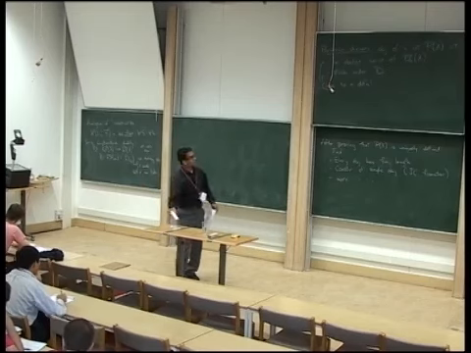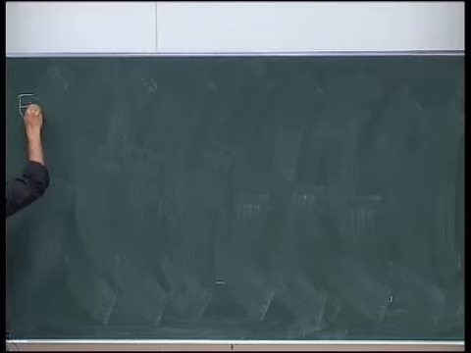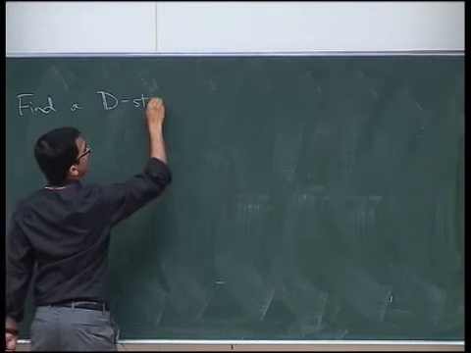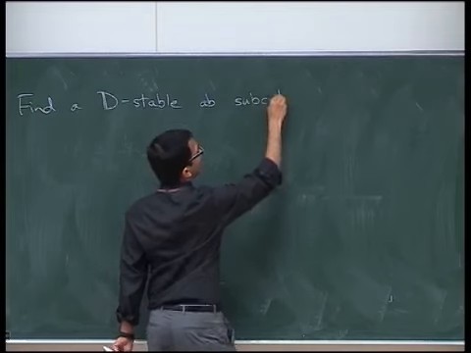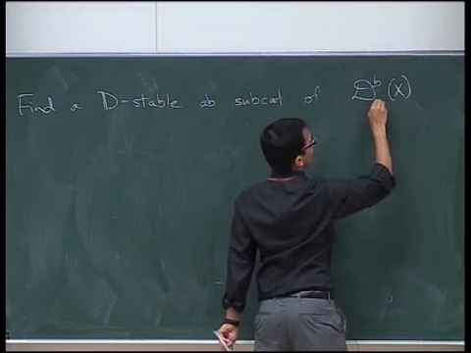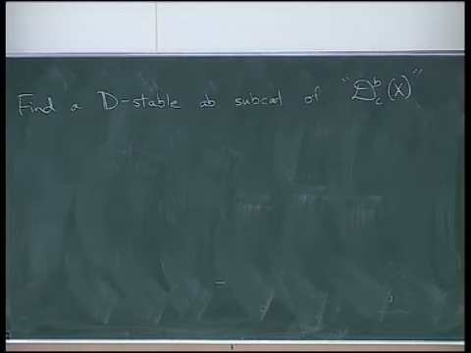Okay. And so what I want to do, based on what I did on that board, is just find a duality-stable abelian subcategory of, well, not the full bounded derived category, but let me put that in quotation marks, the subcategory where this condition like constructible holds.